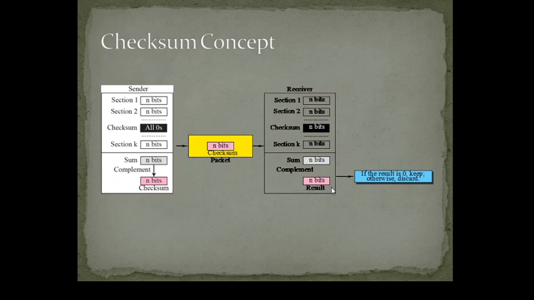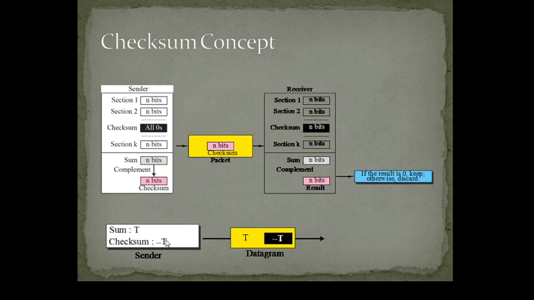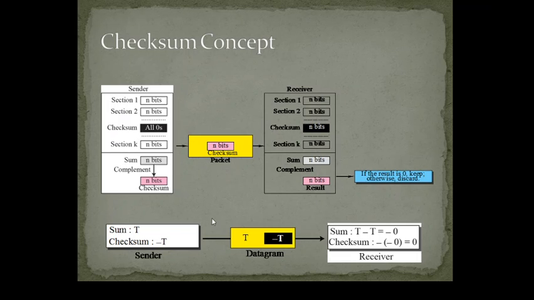If the sum of these values was t, the checksum is minus t. So t and minus t together give you n bits which is minus 0. When you perform the complement, you will get 0.